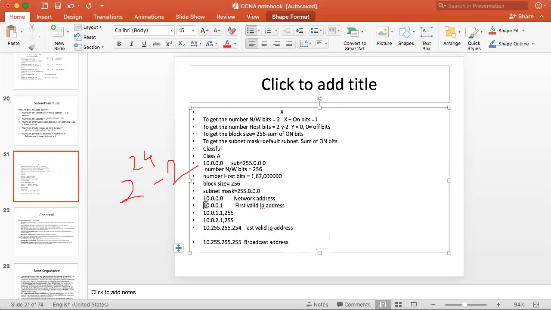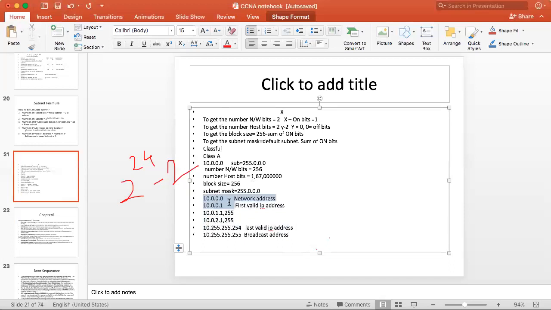So this is the range of this valid network. That is how it comes to 1 crore 67 lakh something. The last address represents the number of valid IP addresses in that network.